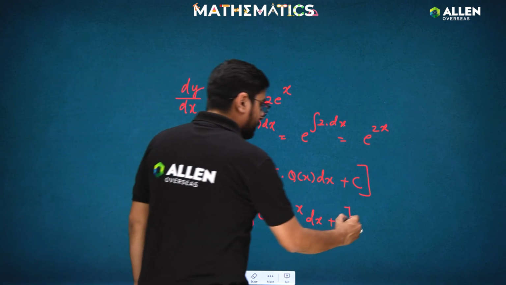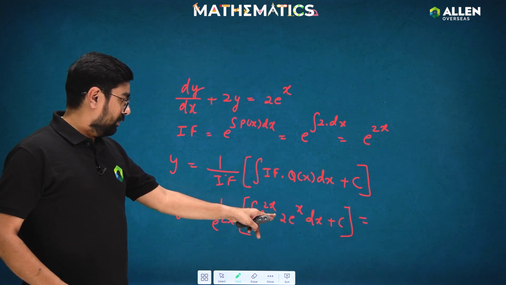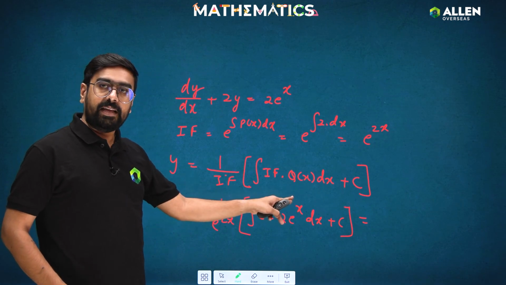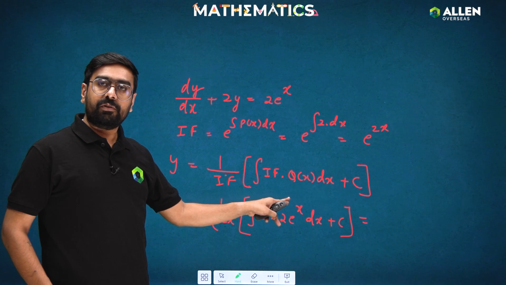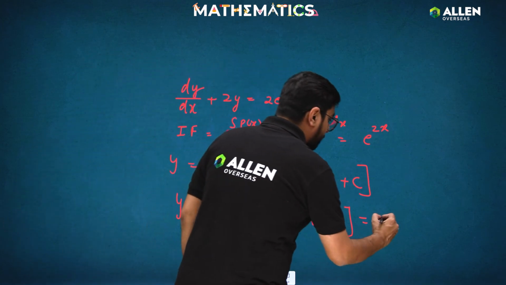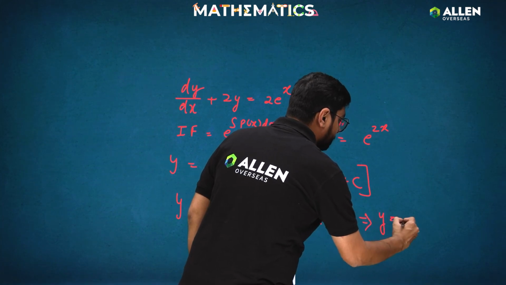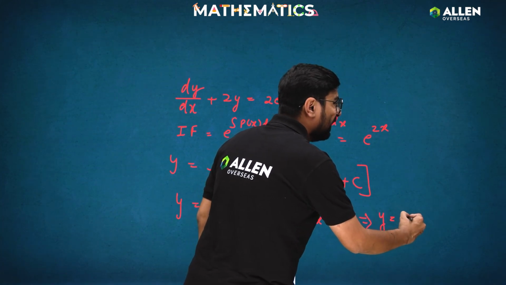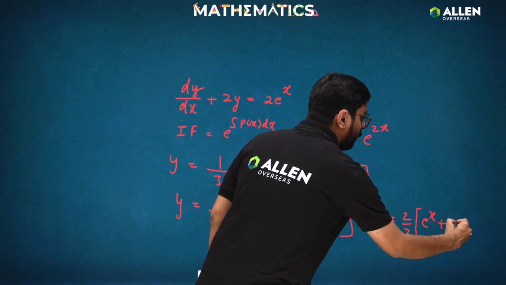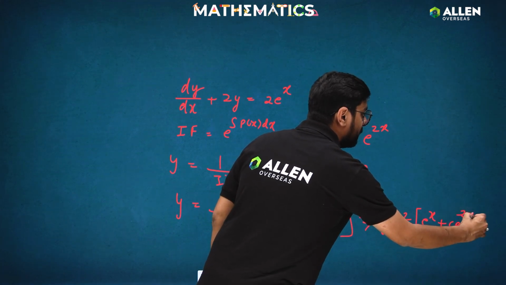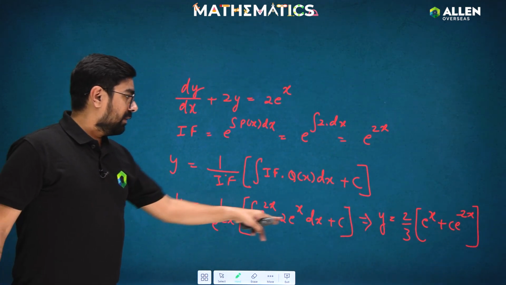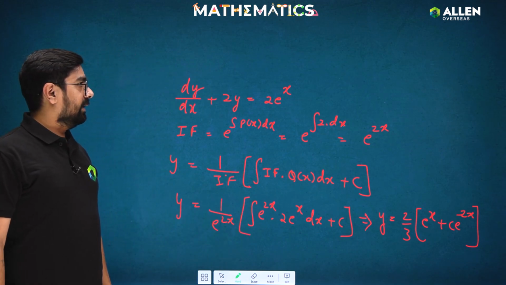And now if we simplify this, the 2 will come outside, right? e to the power 2x plus x will become e to the power 3x, and integral of e to the power 3x will be e to the power 3x by 3. So basically here we are going to have y equals 2 by 3 e to the power of x plus c into e to the power of minus 2x. This c into e to the power of minus 2x we will finally get.